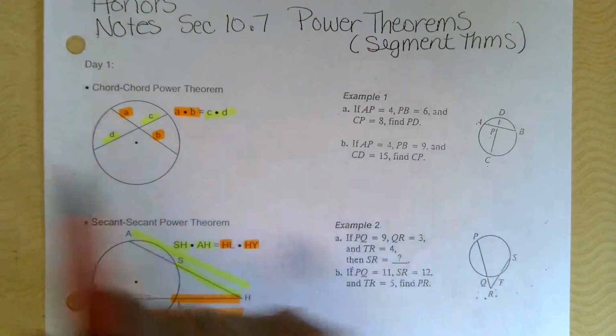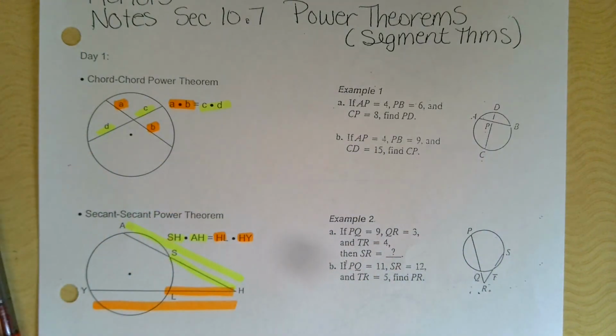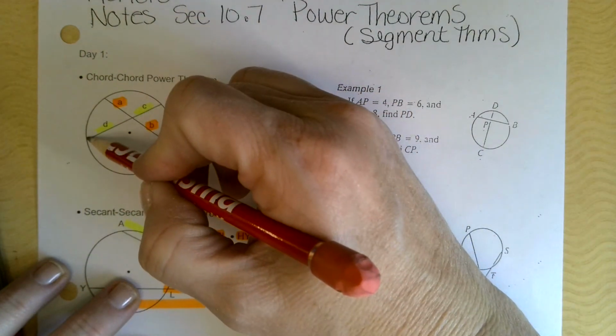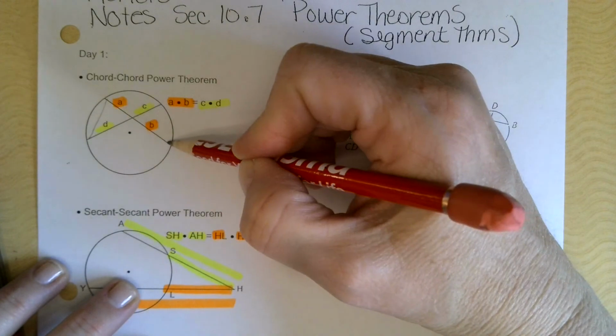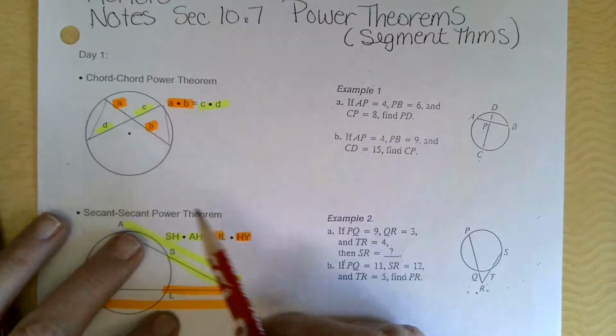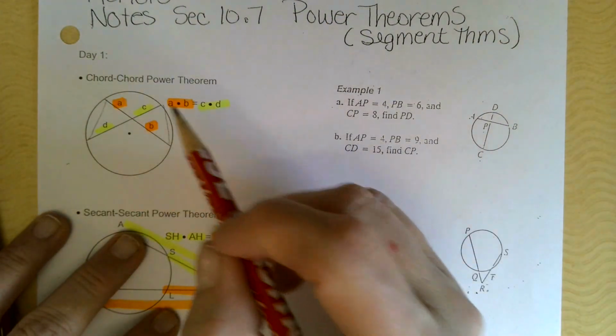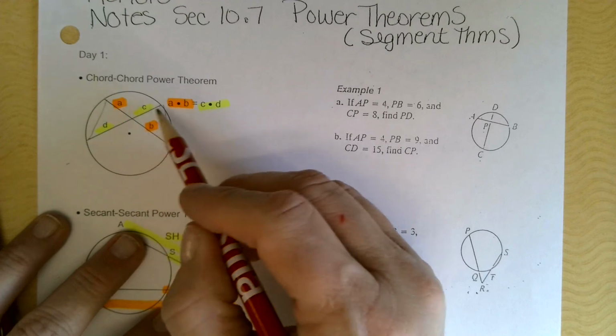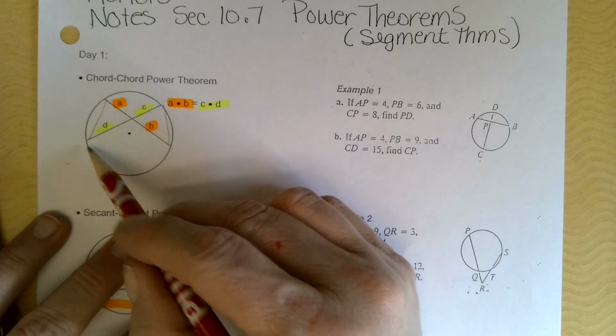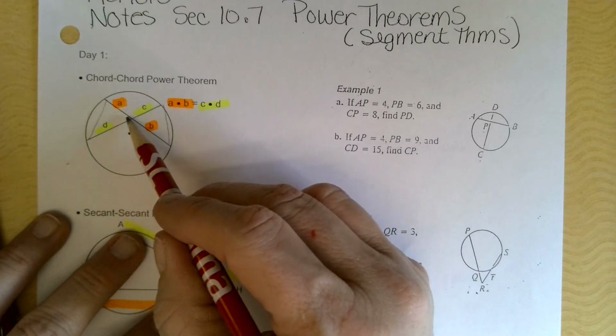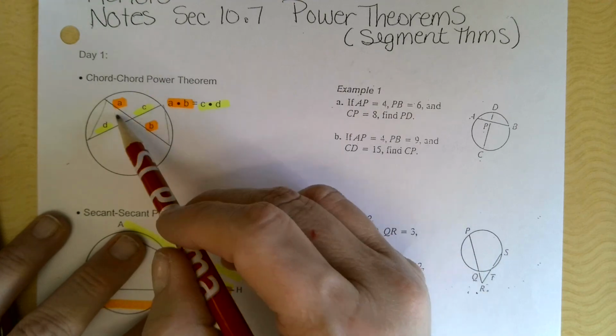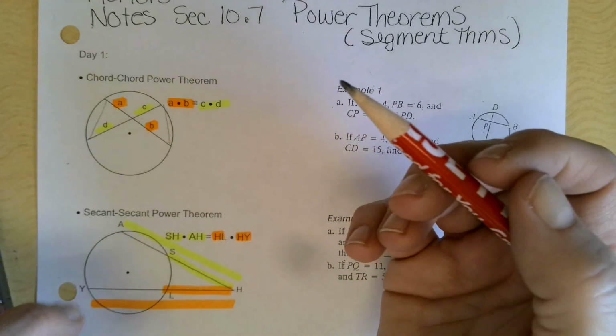Now, the way this comes into the picture is because if I were to make a triangle and a triangle, we have similar triangles based on the fact that these two angles are going to be the same because they open up to the same arc. These two angles are the same. So therefore, these two triangles are similar.